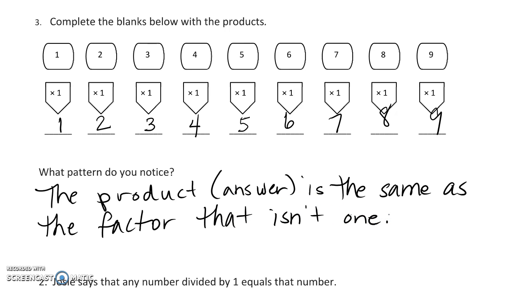Okay. The only place where that's a little confusing is where it's 1 times 1. But I could have said the product is the same as the number of groups, but you could have this reversed. So that would mean the size of the group. So we'll just say the product is the same as the factor that isn't 1.